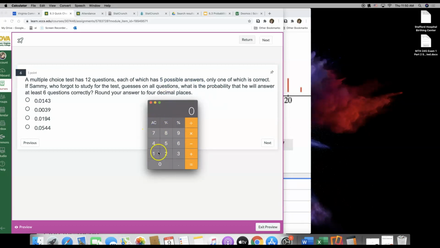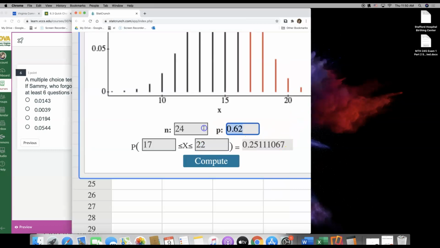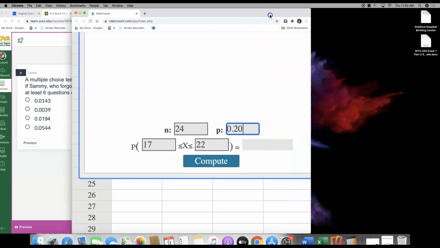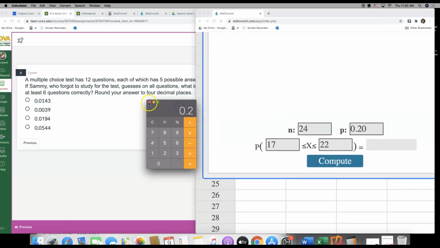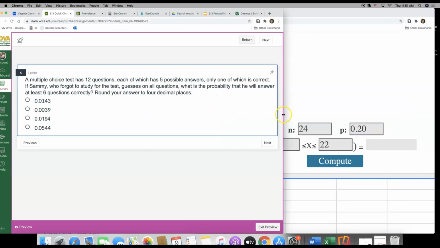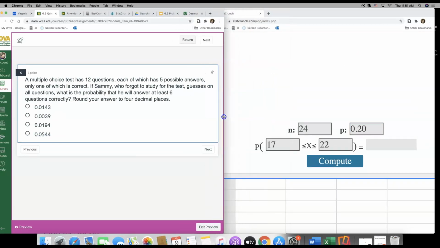So what's the chance of him completely guessing it and getting it right? 1 out of 5, so the probability of success is 0.20 this time. It used to be 0.25 when he had 4 choices.